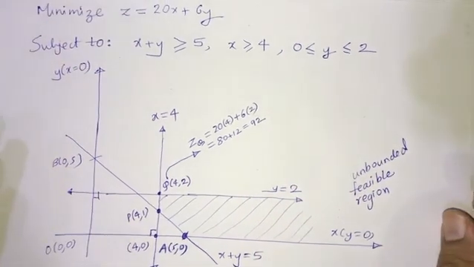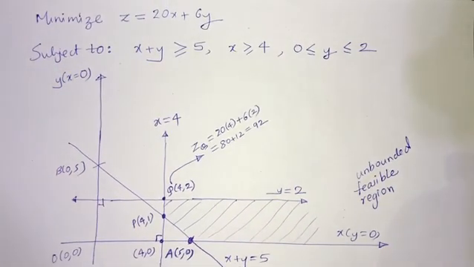The cost will be 92 rupees if I'm going with the coordinates of Q. If I'm taking 4 kgs of cement and 2 kgs of sand, it is going to be 92 rupees for the block.